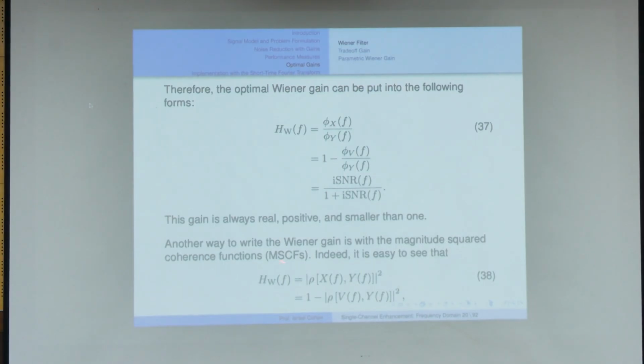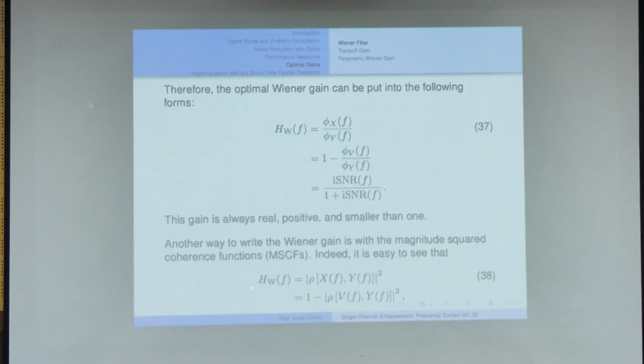We can also write the Wiener filter using the magnitude squared coherence function. I will define it in the next slide, but before that, the magnitude squared coherence function means how x and y correlate. If x and y are highly correlated, it means the input SNR is high.